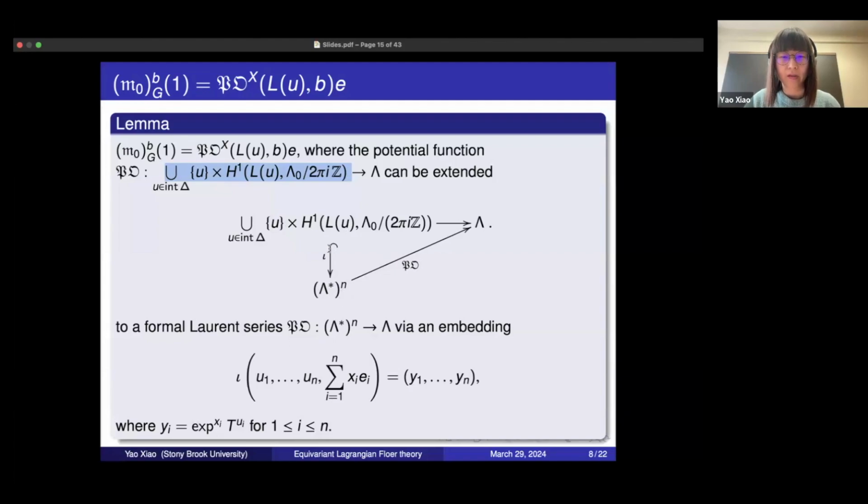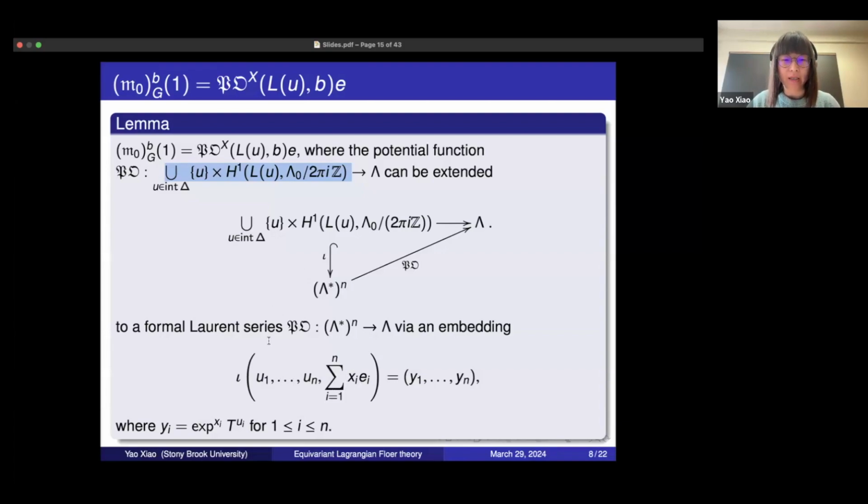Here, this I is an embedding where u1 through un are the coordinates in the moment polytope. So the u_i's are in T star. If you identify T star with R^n, then u1 through un is an element in R^n, and b is the first cohomology class on mu inverse of U, and it's of this form.